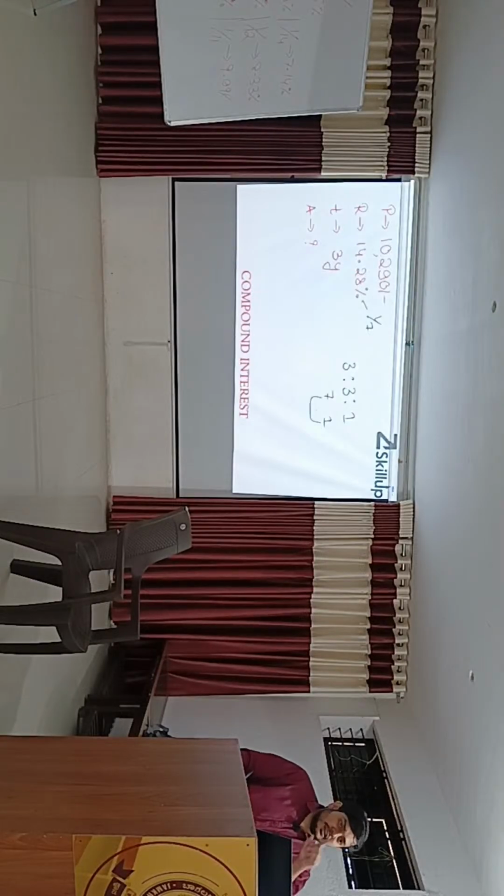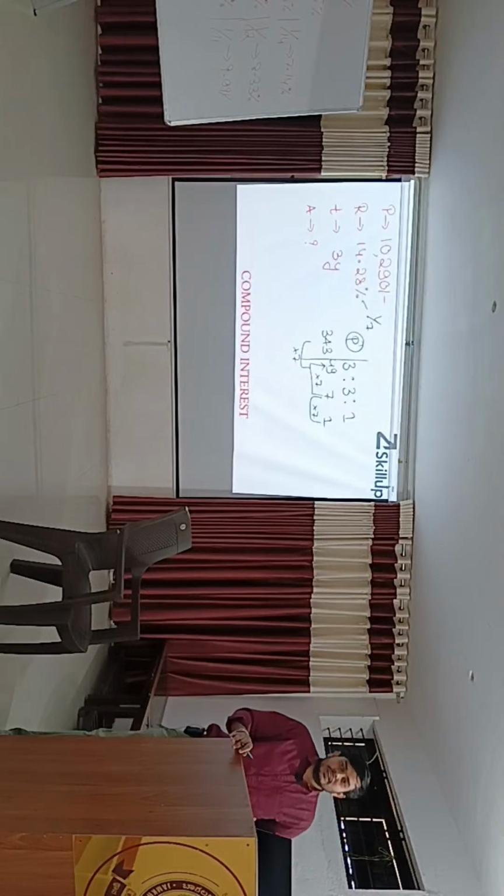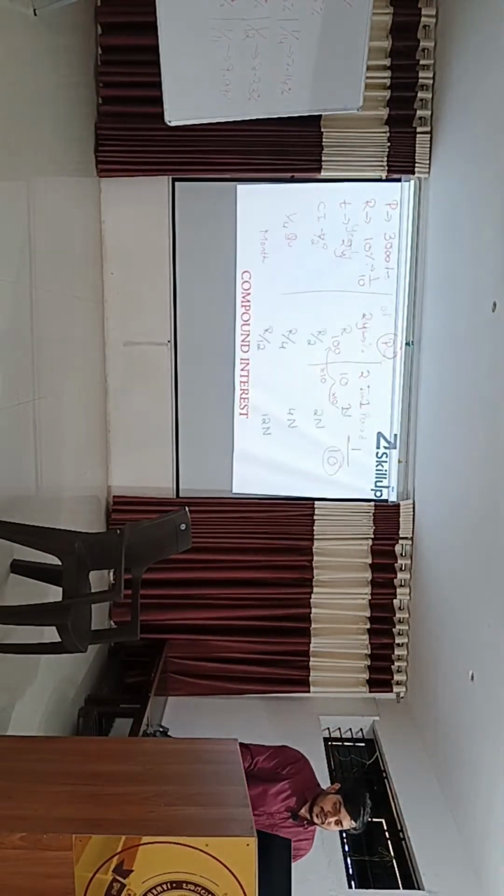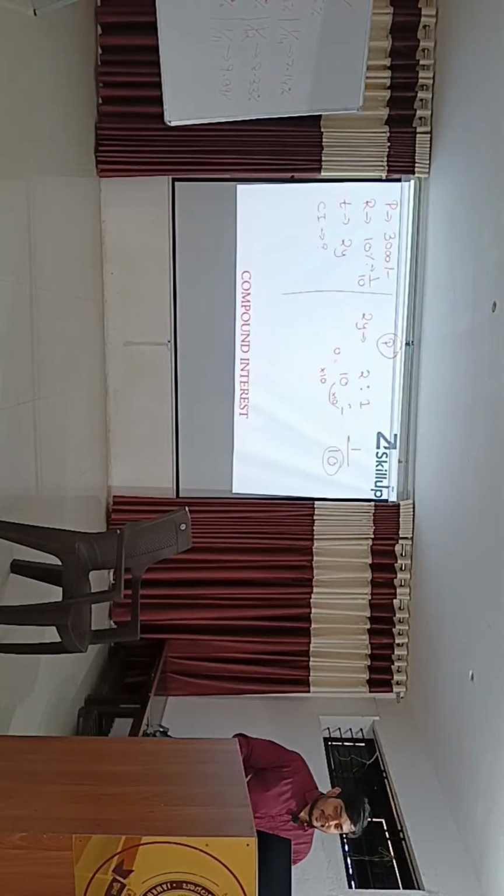How will you make 1 into 7? 7 into 7, 49. Outside it should be into 7, that is your principal amount. 7 cube, 343. Did you understand this calculation? Now going to the previous one, this question only.